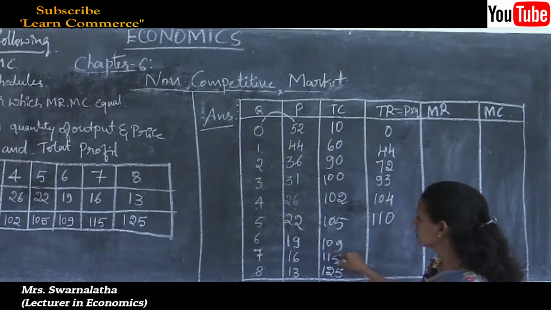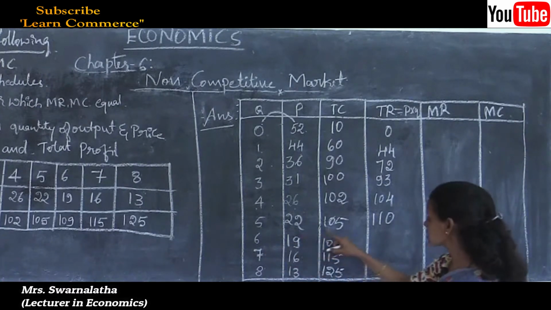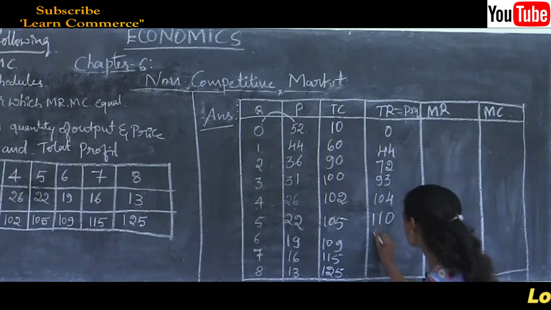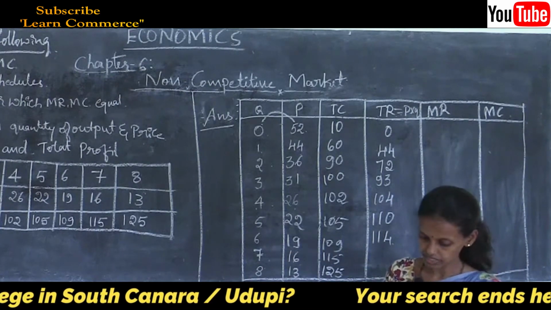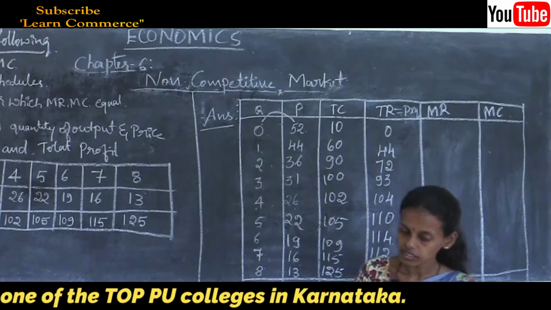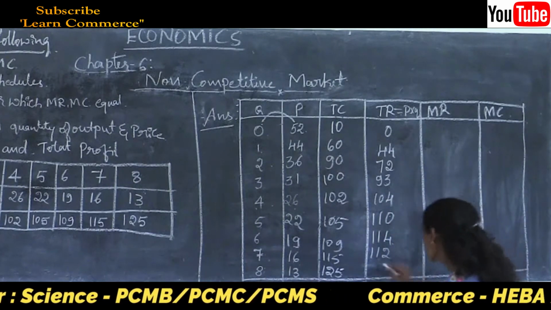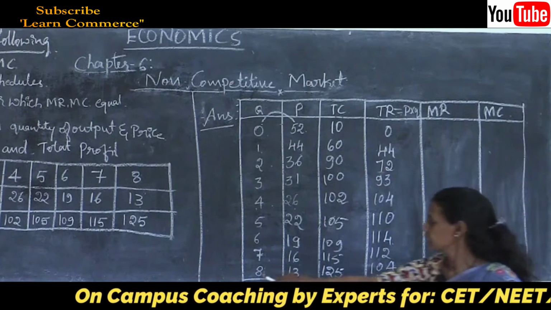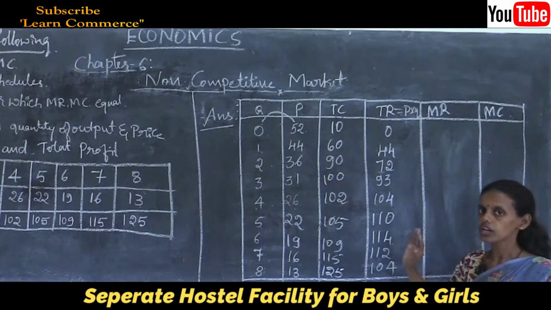Again 19 into 6 is 114. 16 into 7 is 112. And the last one, price into quantity, 13 into 8 is 104. This total revenue column is now what we got.